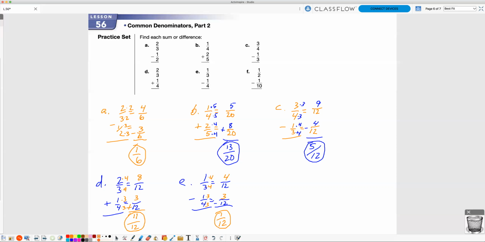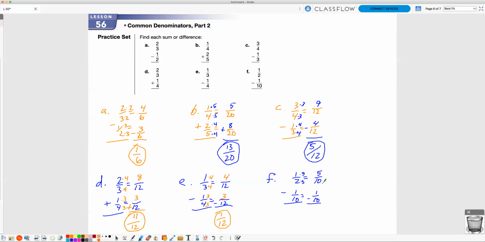All right, and then letter F, 1/2 minus 1/10. So I'm going to rewrite those vertically like that, and I see, oh, wait a minute, I don't have to change this 1/10. That's just going to stay the same because I have a common multiple here. I can multiply this one times 5 to get to 10 over here, and I have to multiply that times 5 in the numerator.